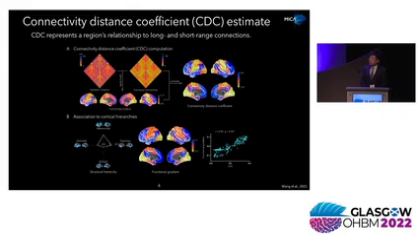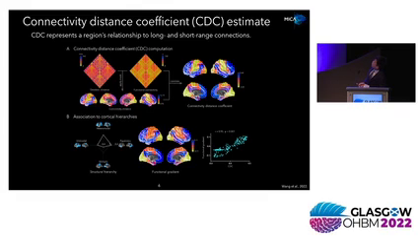We first estimated the connectivity distance coefficient, CDC. We first estimated connectivity distance by taking the average of geodesic distance within functionally connected regions. Then CDC is defined as the Pearson's correlation coefficient between a seed region's functional connectivity and connectivity distance.